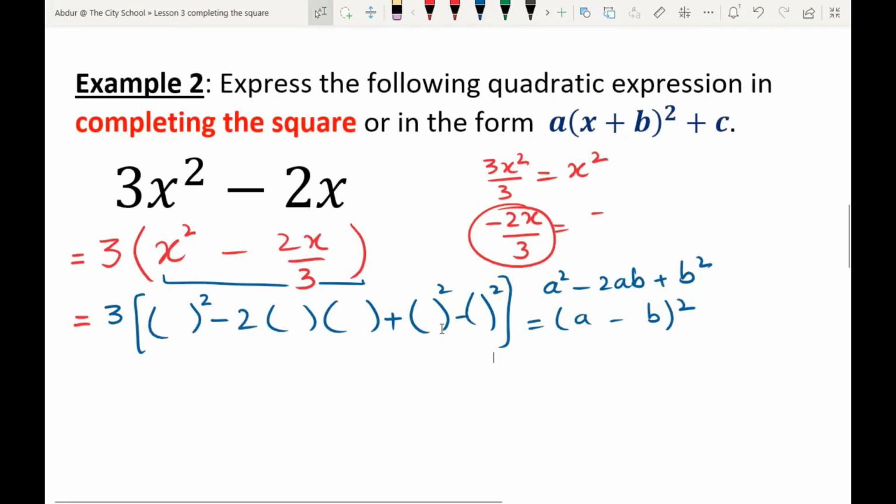So you have to write parenthesis square with negative sign. Last 2 will be cancelled. A square, a is x here, so I'm going to write x. A square minus 2ab, but b is still unknown.